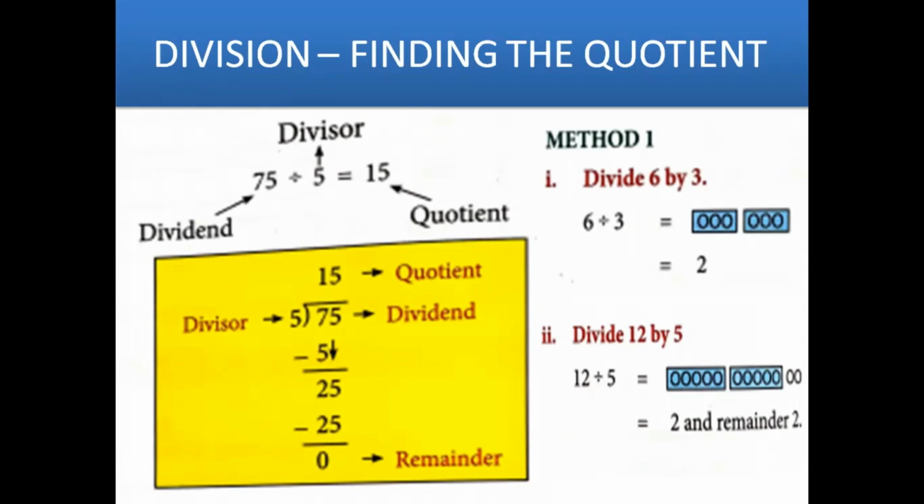Write 2. Divide 12 by 5. 5 in one box, another 5 in another box. Total 10, another 2 remaining. See, the quotient is 2 and the remainder is 2.